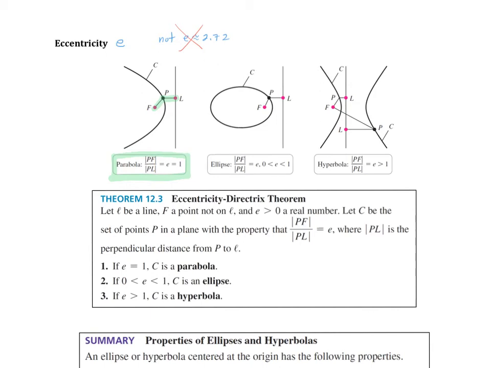If you look in an ellipse, the distance to the foci will always be shorter than the distance to this line L, which in an ellipse they have a directrix as well, a line opposite from the foci, but we usually don't draw them in the diagram. We usually only do it for parabolas.